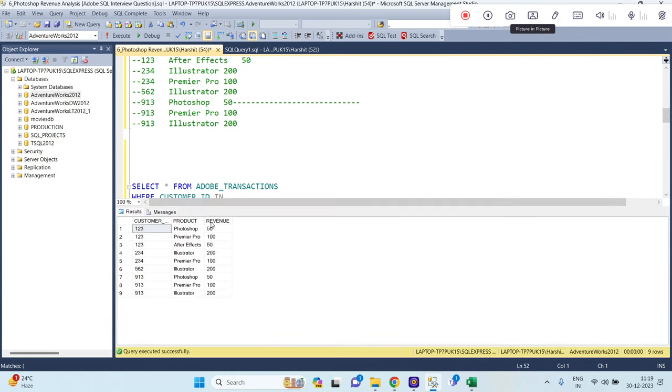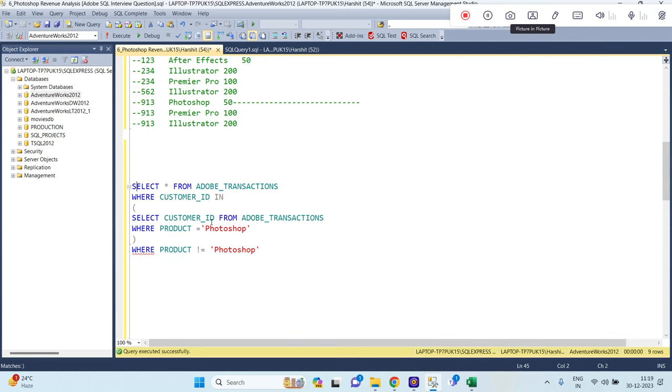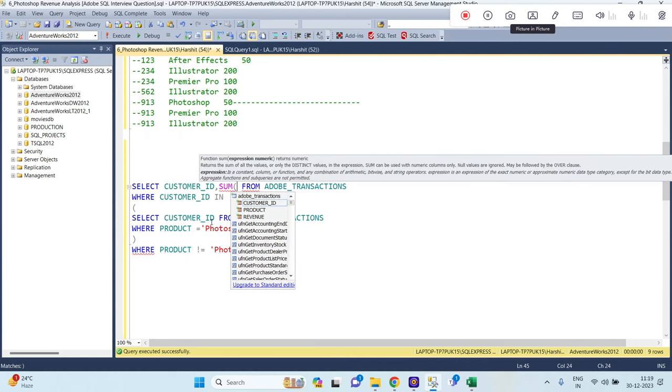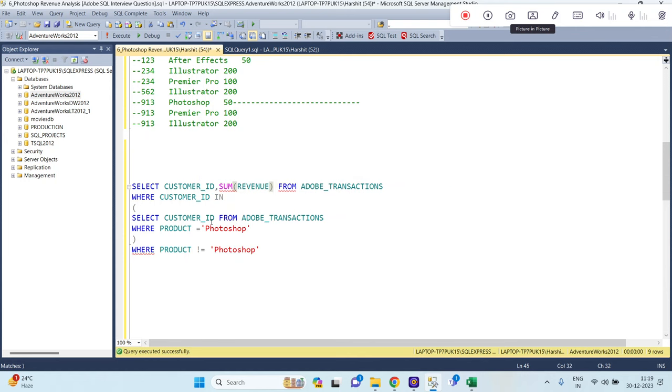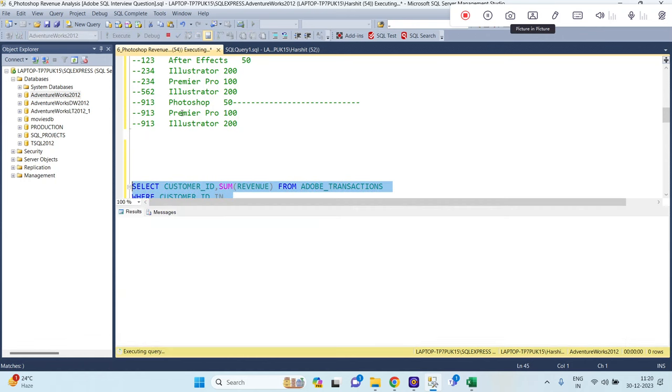And now here I will take customer ID, comma, sum of revenue, and because of this here I have to write end. And now because I have written the aggregate function, I have to use group by, right? Now let me execute this query.